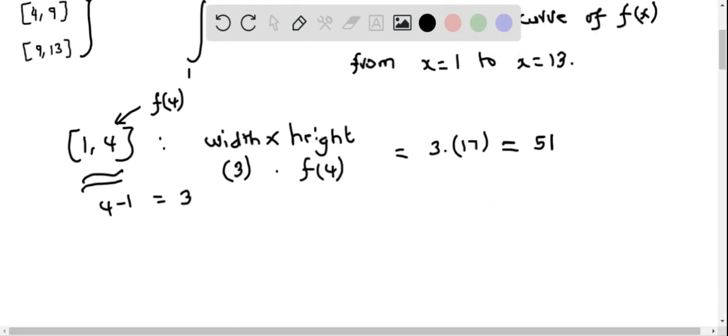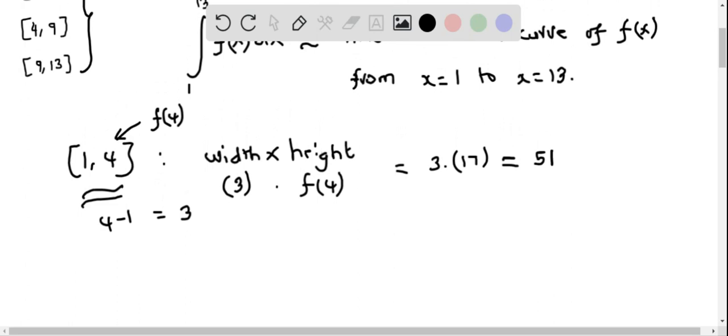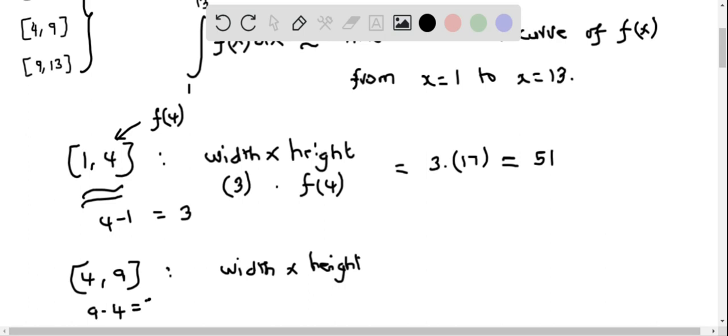Let's do that now. I'm going to consider the second sub-interval, that is 4 comma 9, and here I have to calculate the width and the height. The width is the difference in the x coordinates. So we say that it is 9 minus 4, and this equals 5. So we put 5 here, times the height. So we have to consider the right endpoint.